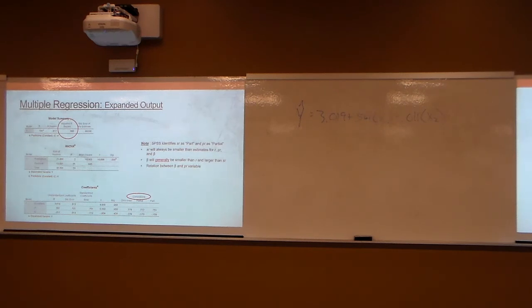Partial, this is my partial correlation, my PR. Part is my semi-partial correlation. So if I'm looking at this outcome, we'll generally see my standardized coefficient be smaller than my zero order correlation, but larger than my semi-partial correlation.